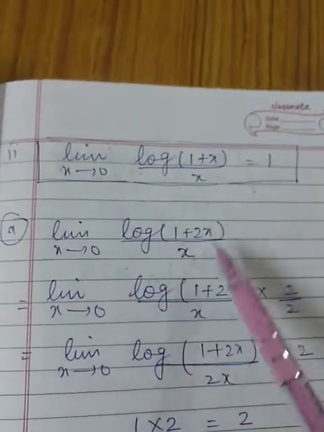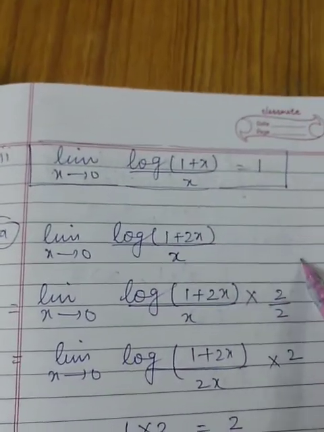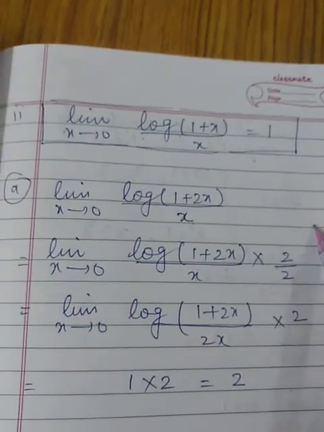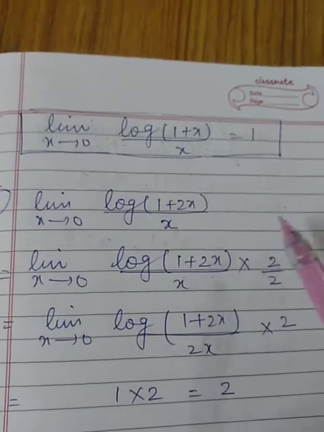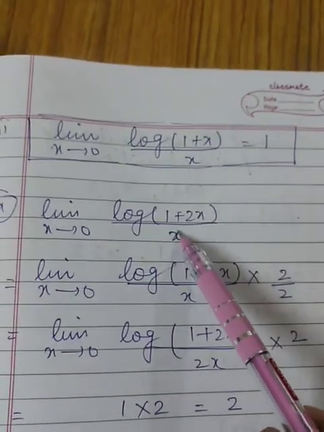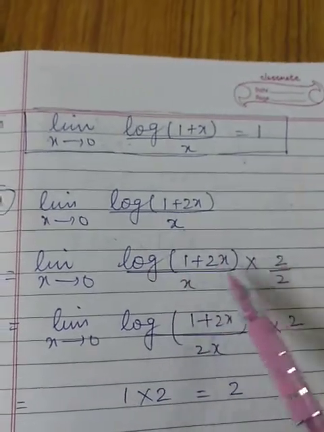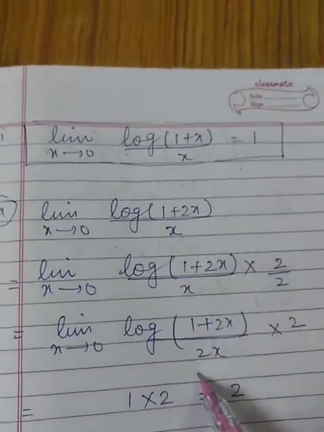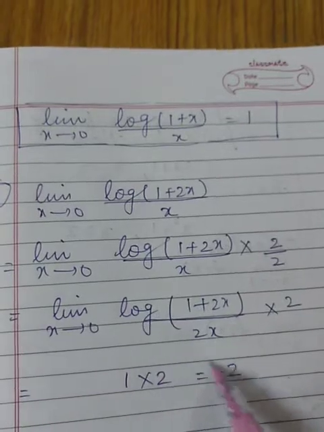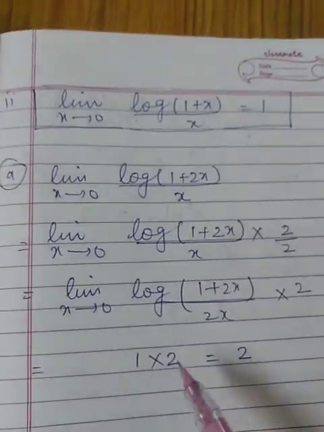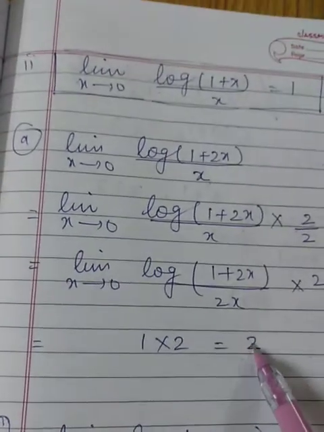When we substitute the limit, we get 0 upon 0, since log 1 is 0. This is the standard value. Now what do we require? We require 2 here, so we multiply and divide by 2: log(1 plus 2x) upon 2x. So this complete term is the standard limit. This is 1 into 2. The final answer is 2.